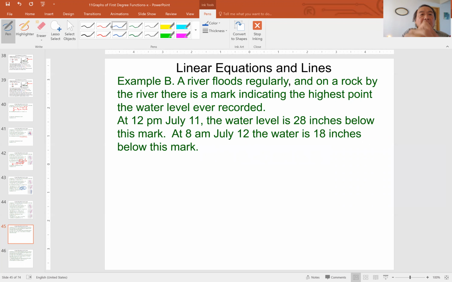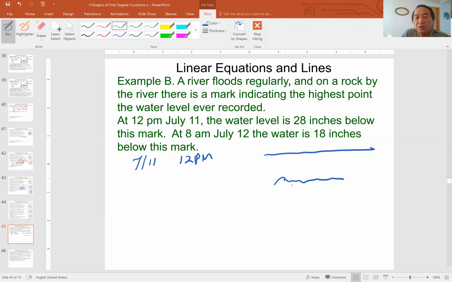Historically, the river floods regularly, and there's a rock that has a line on top of it. So on July 11th, 12 o'clock, the water is coming up, and here's a mark, and here's the water.